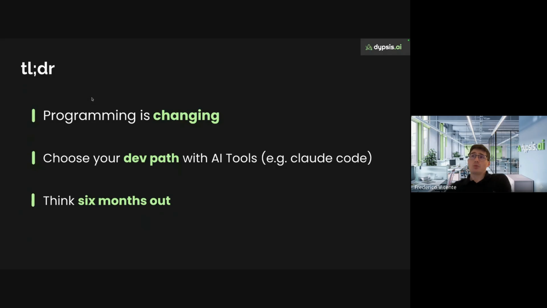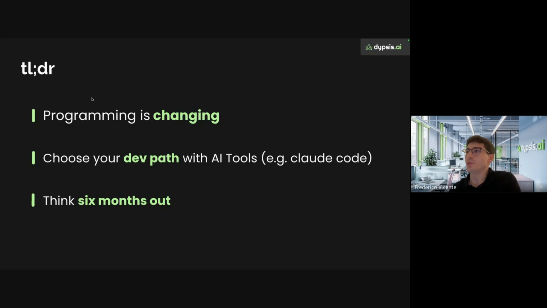So to sum up this talk, currently the world is changing a lot. Programming is changing almost every day with the new AI tools. And I think it's safe to say that currently choosing a development path without AI tools is a wrong step.